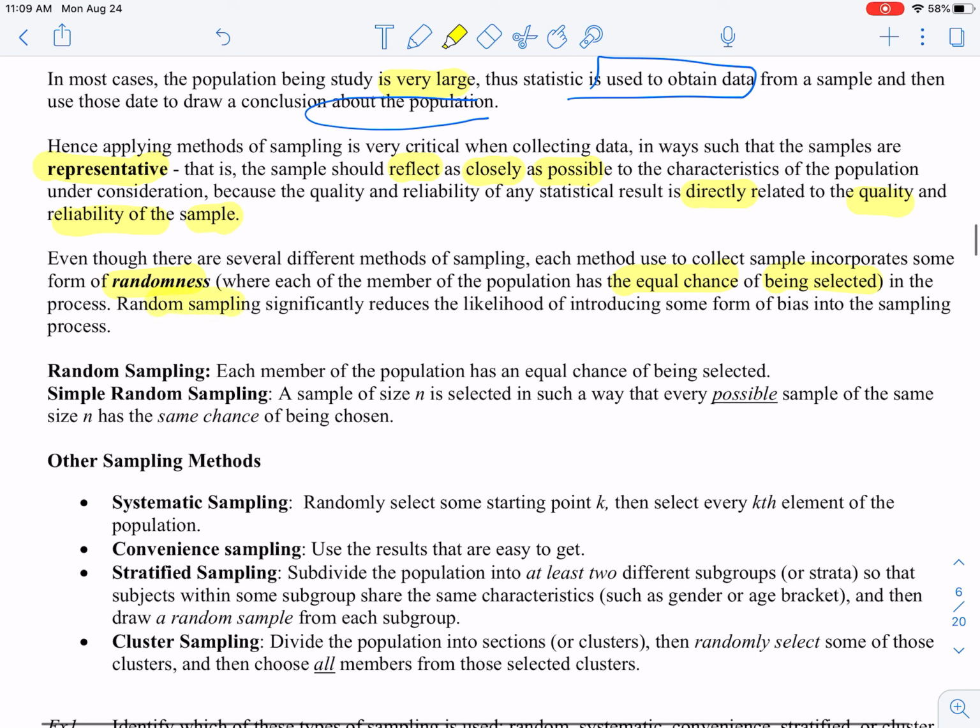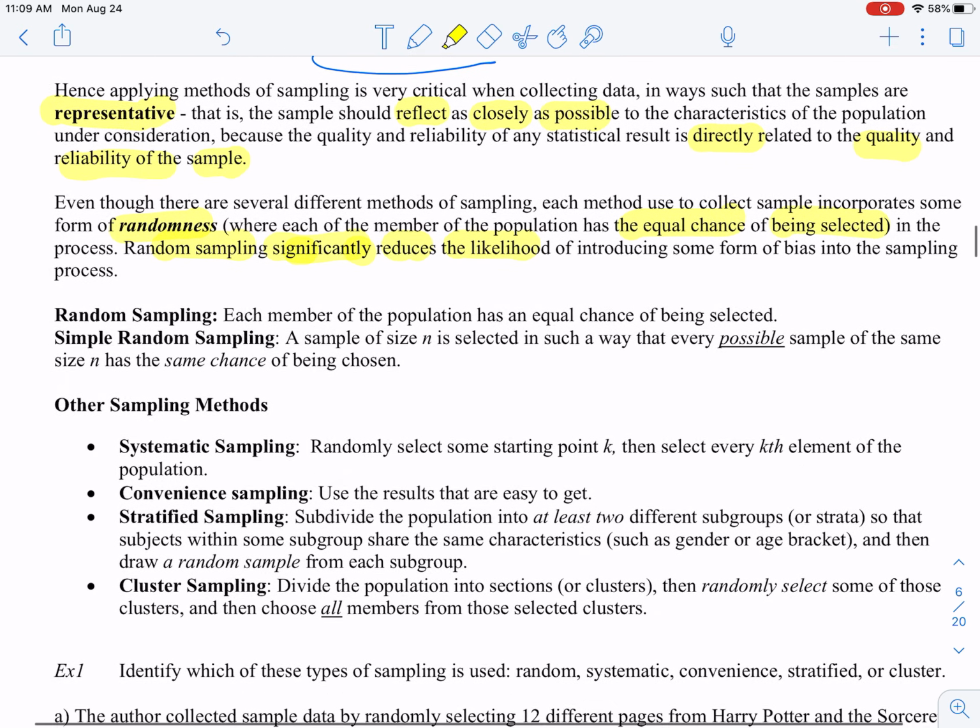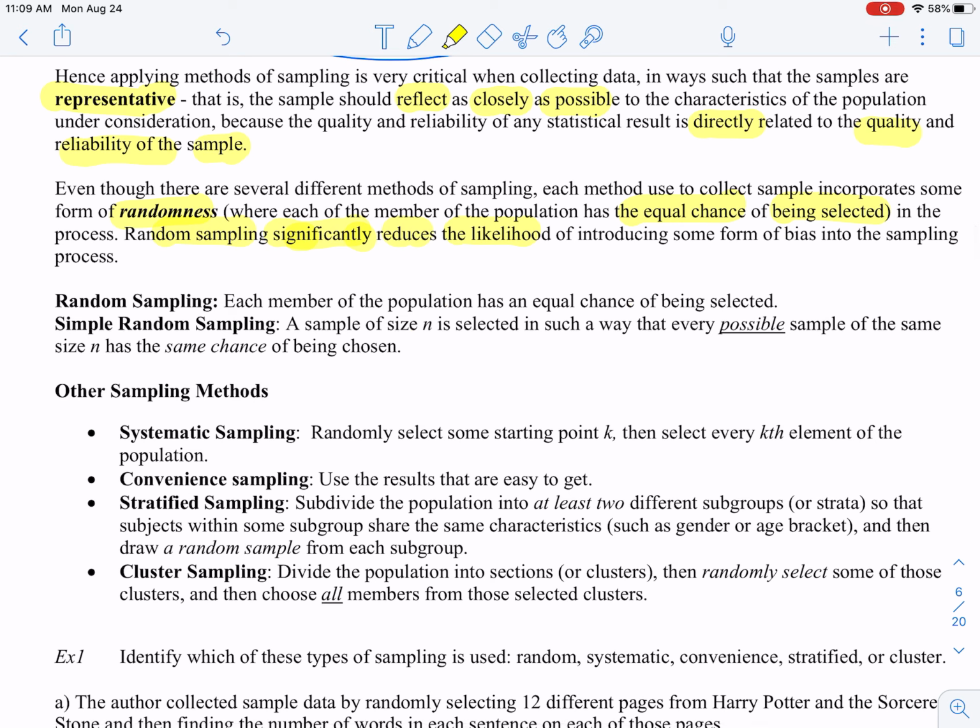It says random sampling significantly reduces the likelihood of introducing some form of bias into the sampling process. There are two types of random sampling. The one we're not going to focus on a lot is simple random sampling. Anytime we refer to random sampling, we're just referring to simple random sampling, but in a way it's not; the two definitions are very closely related.